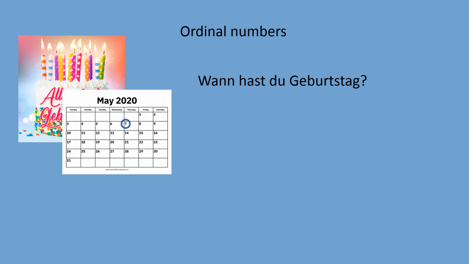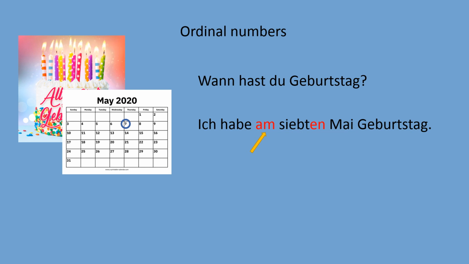So in German we have a specific rule. We say, ich habe am 7. Mai Geburtstag. And look what I highlighted. Red are two elements we always have to keep. As long as you talk about a date, from the past or future, so something will happen or has already happened, you use the preposition am. Always, something will happen on the specific day.